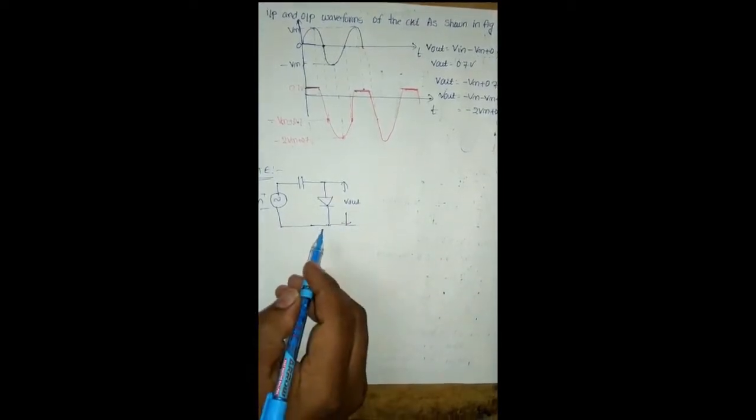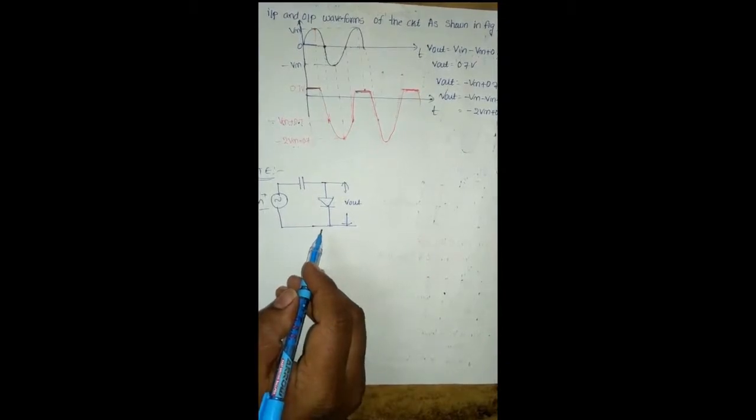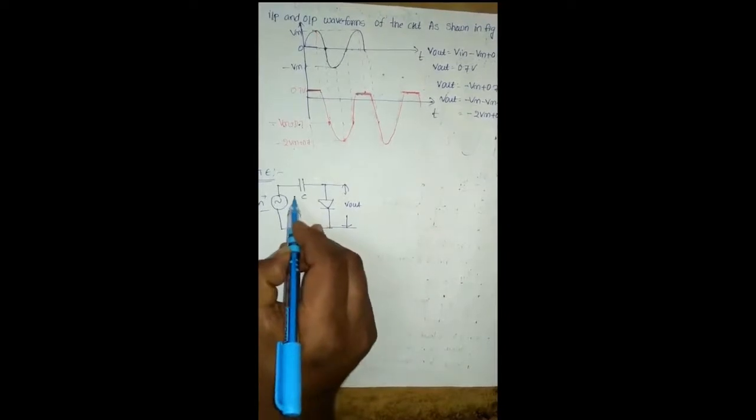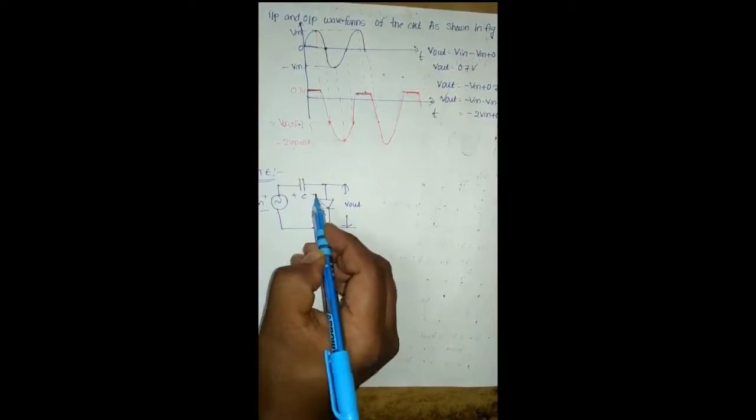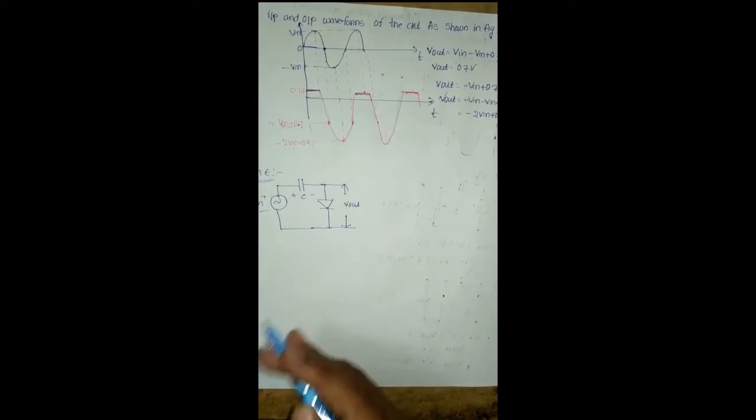In this negative clamper unbiased circuit, however much voltage is stored across the capacitor, that much voltage is negative clamped to the output side.